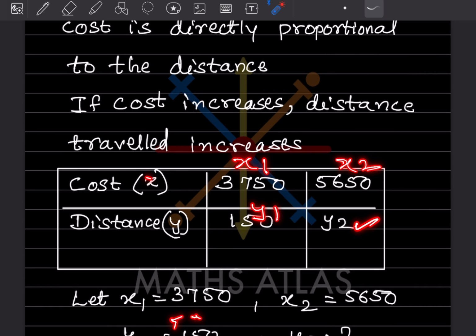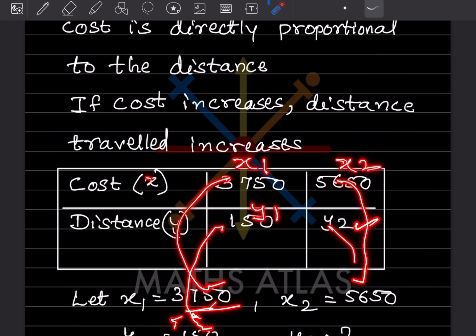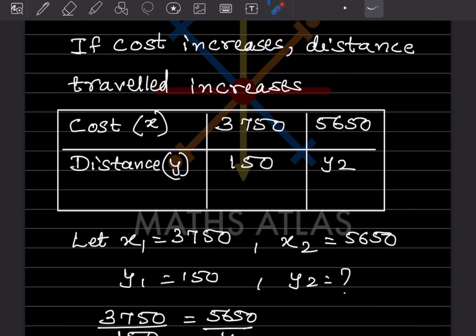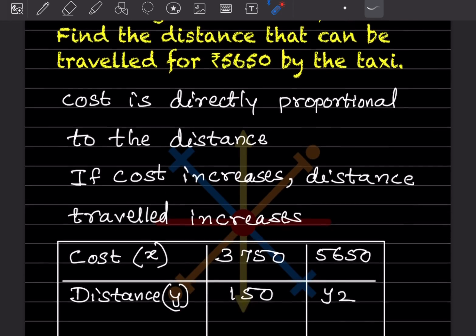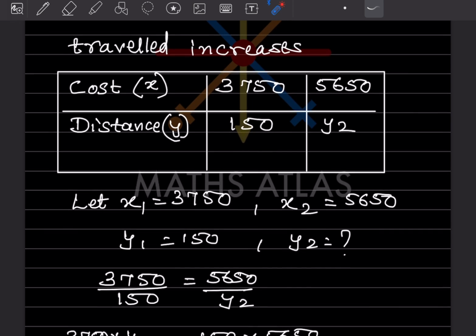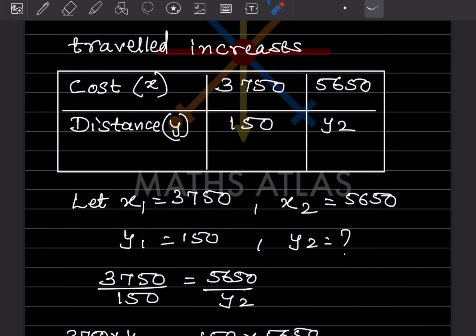These are the given things. x1 is 3750, x2 is this one, y1 is this one, and we don't know y2. Because we are doing this with direct proportion, that is the direct variation, we can take x1 by y1 is equal to x2 by y2. First we will see here x1 by y1.